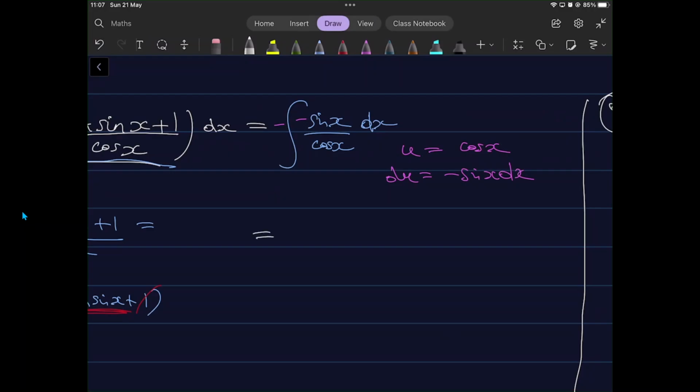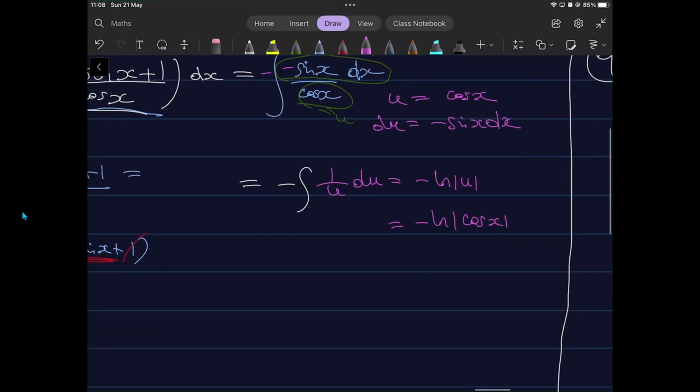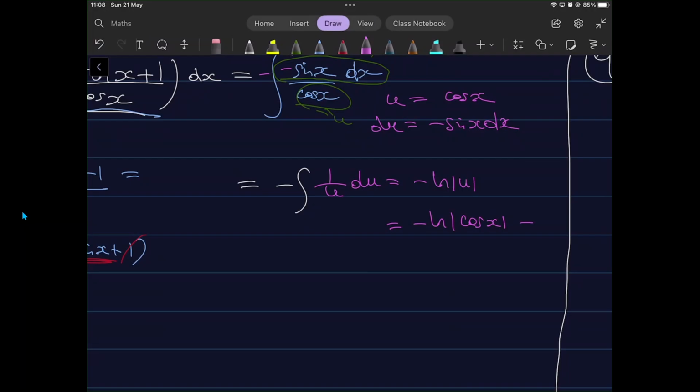So if you take this in terms of u, well, what do you know? This thing equals du, and that thing is equal to u. So we have the negative integral of 1 over u du, which is negative ln of absolute value of u, which is negative ln of cosine of x. And that is completely correct, plus c.